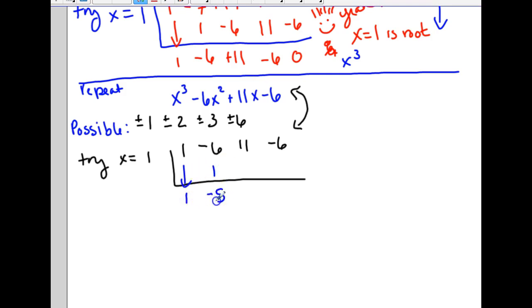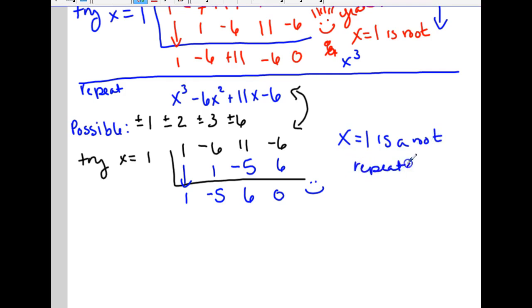Multiply. Add it. Multiply. Add it. Bring it over, and I get a remainder of 0. I am so happy. This means that x equals 1 is a root, and in fact, it's repeated. We're going to write it twice. Notice it shows up twice.